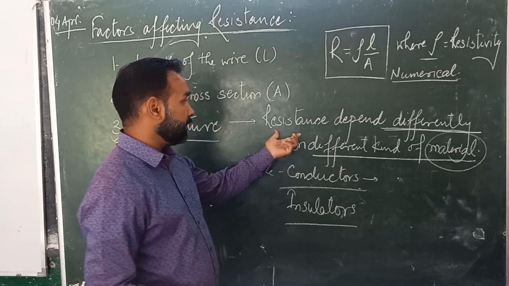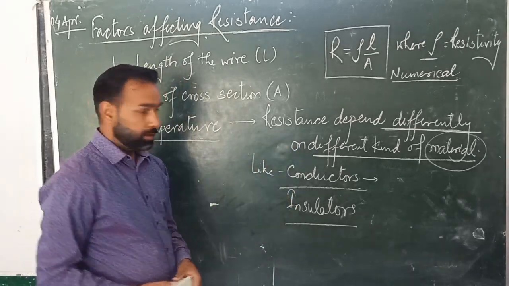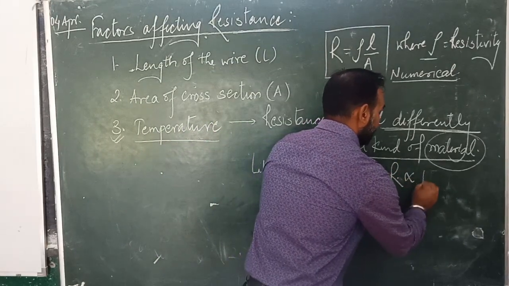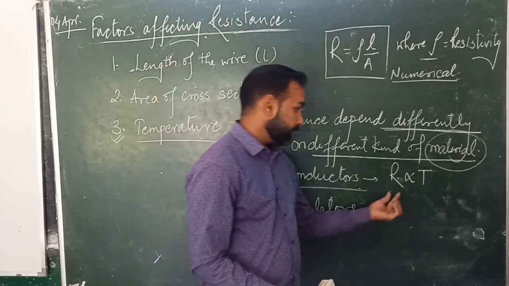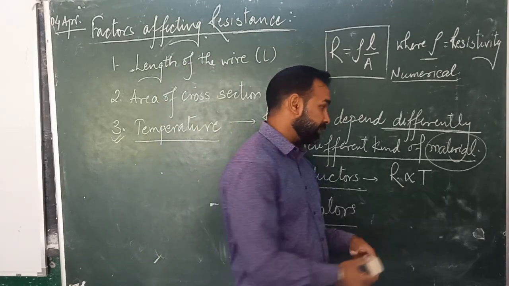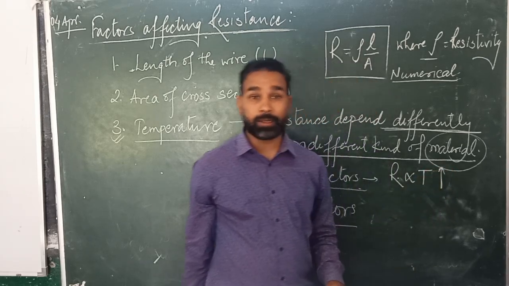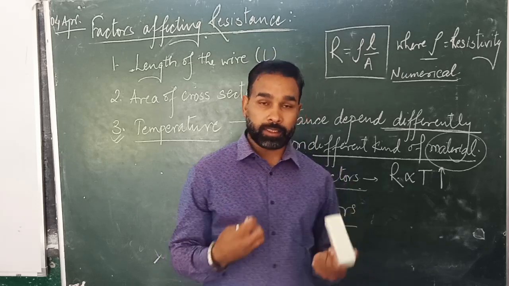Now, how does resistance depend on temperature for conductors and insulators? For conductors, resistance is directly proportional to temperature. What does this mean? If you increase the temperature of the conductor, energy will be gained by the electrons.